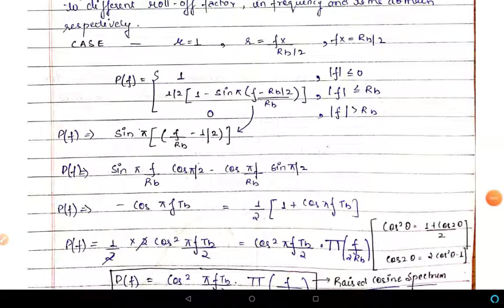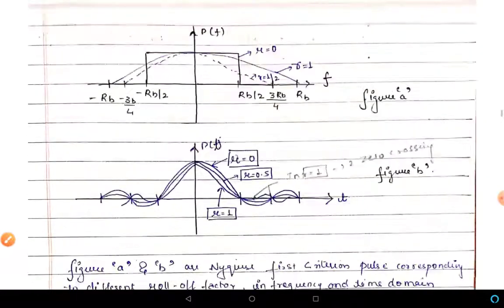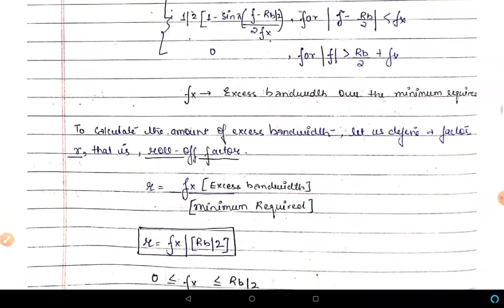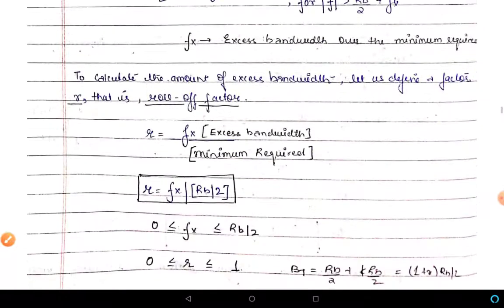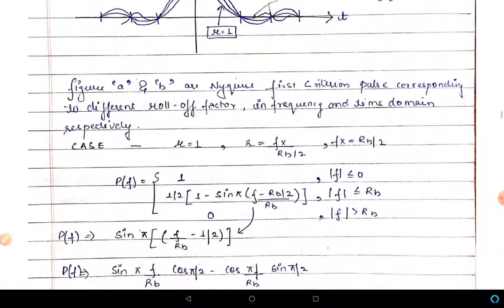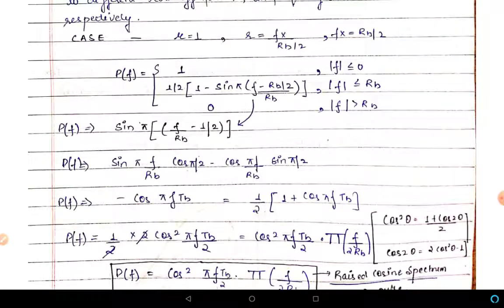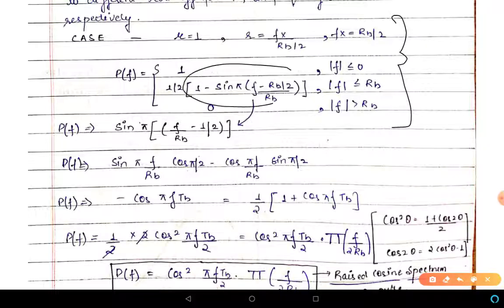What is shown here is a special case, that is R equals 1. If I put R equals 1 in the previous equation, what is the previous equation? It is this equation, this one. So if I use R equals 1 in this equation, it can be written like this, and your sine function will change like this.